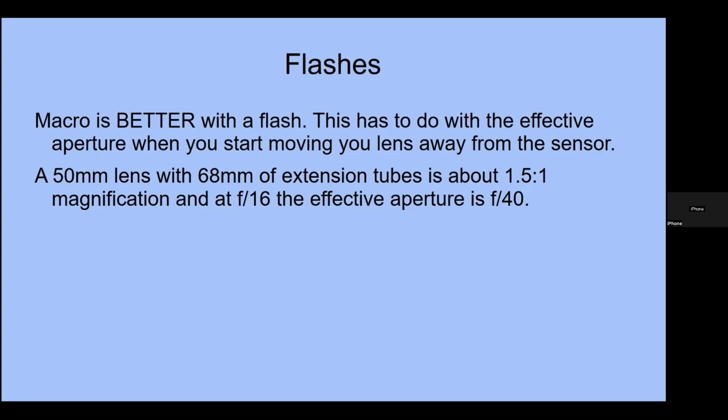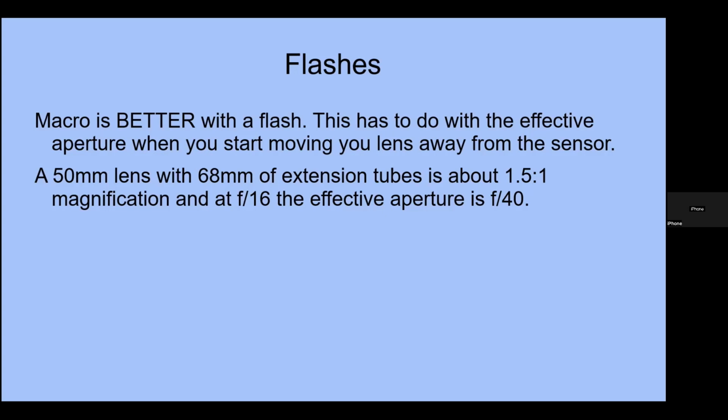And the higher you go in the magnification, that also changes. If you set f16 and you're at 5 times magnification, your effective aperture is like 114. So you've got to have some light, especially when you get into the bigger magnifications.